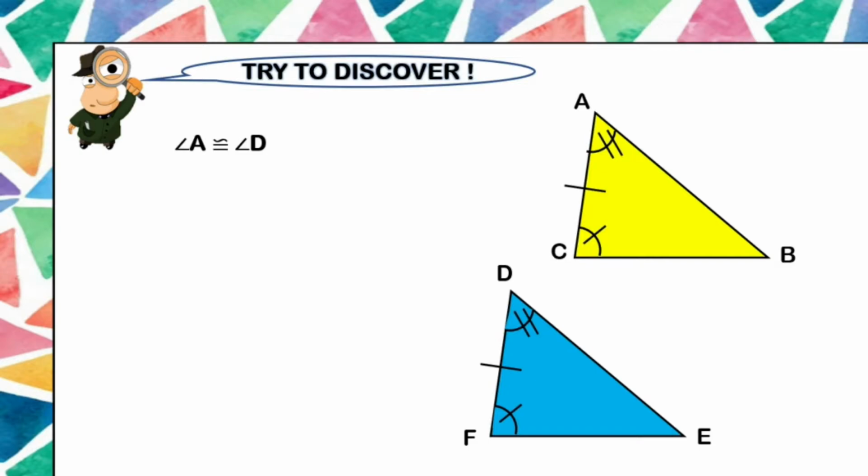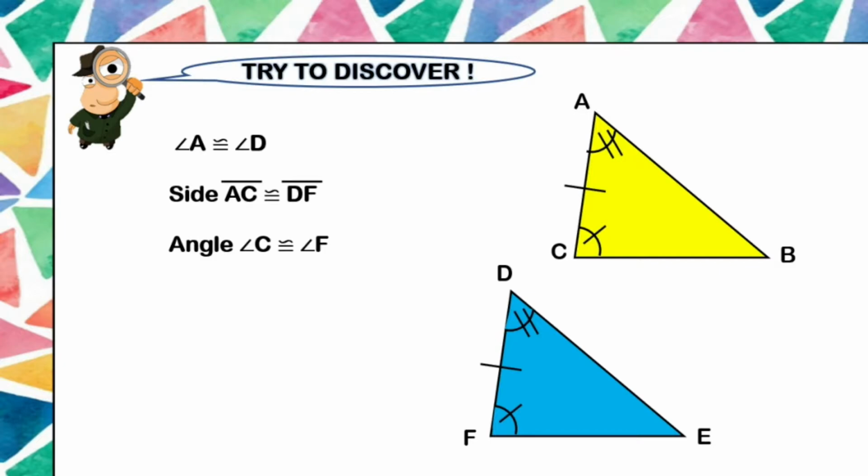As you can see, angle A is congruent to angle D. Also, side AC is congruent to side DF. And last but not the least, angle C is congruent to angle F. If you will notice, side AC is the included side between angle A and angle C, and side DF is the included side between angle D and angle F.